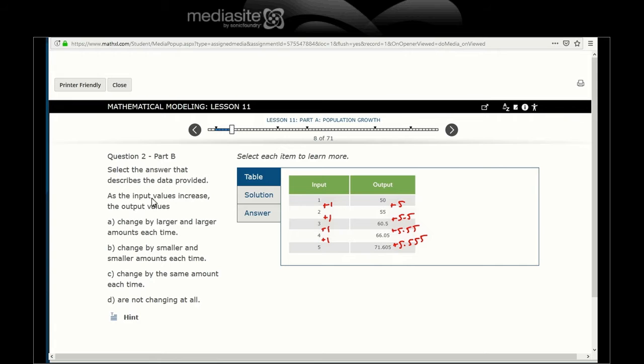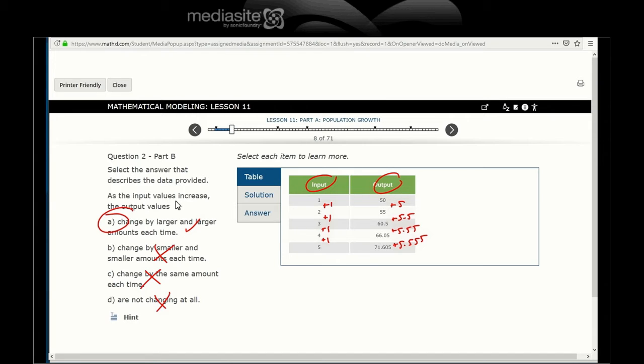Let's see, as the input value increases, the output value changed by larger and larger amounts each time, possibly. Changed by smaller amounts, the same amount, not changing at all. Yep, has to be A again.